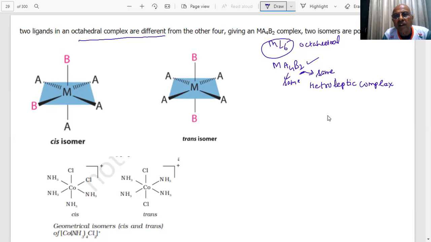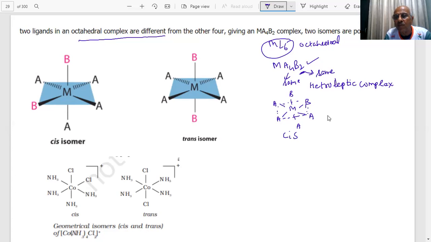Okay, how will we write if I have something like this? What is the best way? You know what the octahedral shape is. This is my octahedral. I will put the same ligands B2 like this, and the rest are A. You got it? If I join, this is octahedral. Can you see the octahedral, students? Identical groups are on the same side. This is my cis isomer, student.